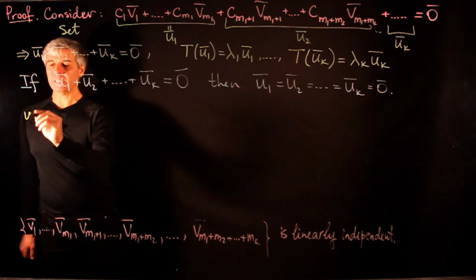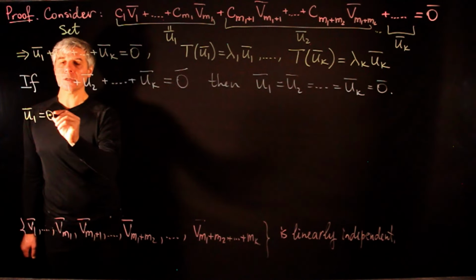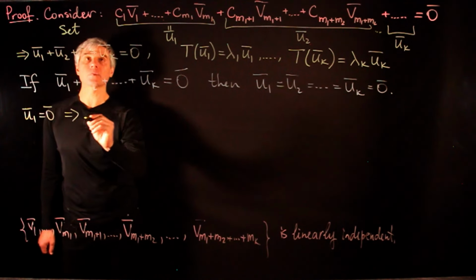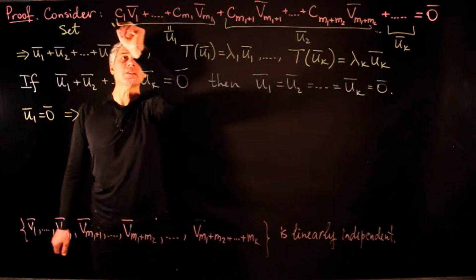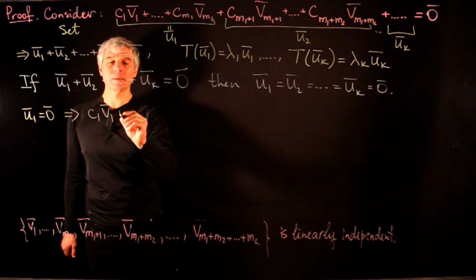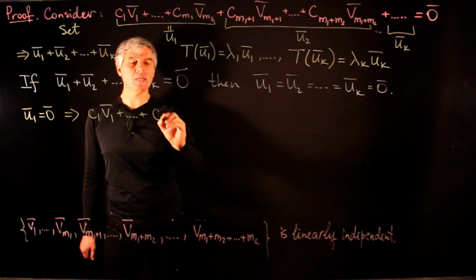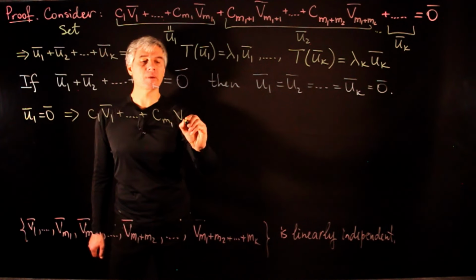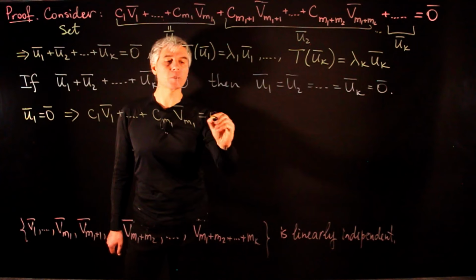Now let us analyze. So if u1 is equal to a zero vector, what does it mean? So this means that this first group of vectors is equal to the zero vector. We get c1 v1 plus cm1 vm1 is equal to a zero vector.